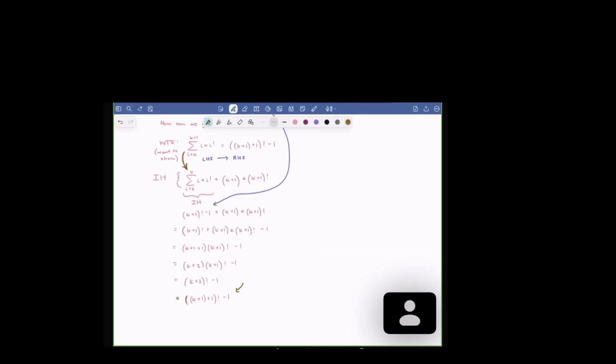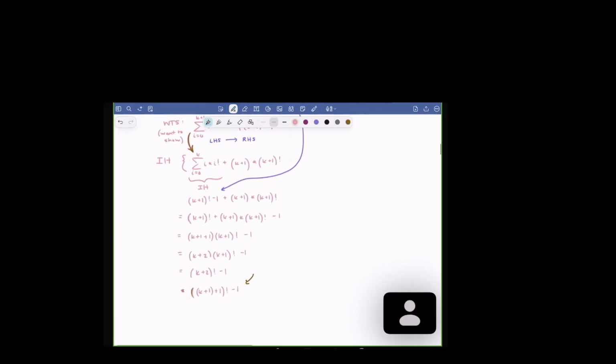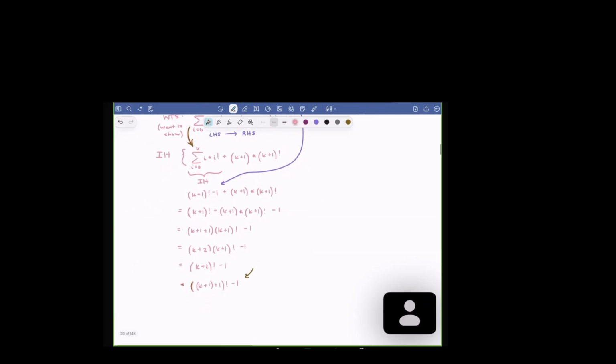If you see that there is a 1 in front, this term times k plus 1 is this, and then this leftover 1 times this is this. So that's why I was able to make these two terms into this. It's just factorization. Does that make sense?